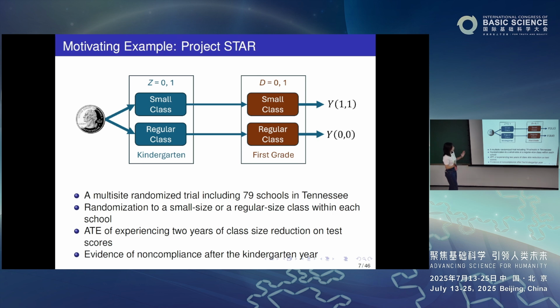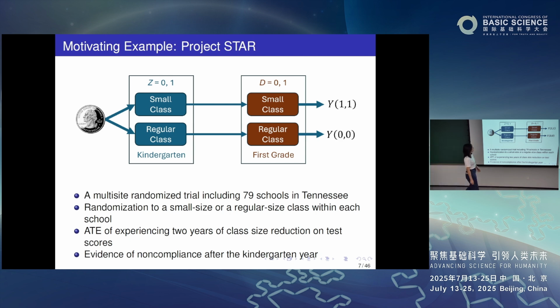Ideally, we hope that students who were originally assigned to the small class in the kindergarten year continue to stay in the small class in the first grade, and similarly for students assigned to the regular class. But as we know, there are many reasons that students might want to switch, such as their parents' perception of class size, students' behavior, academic performance, things like that.